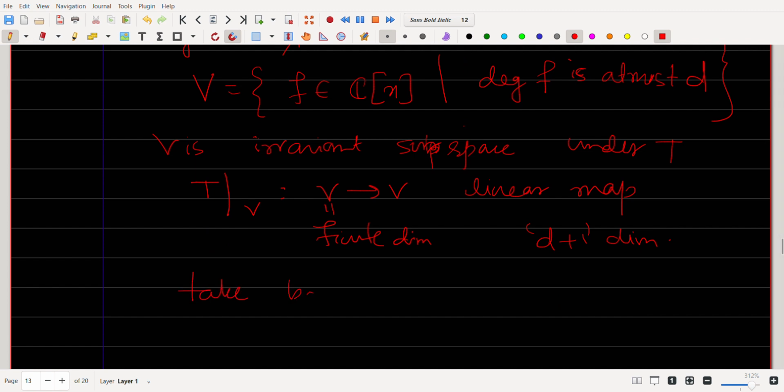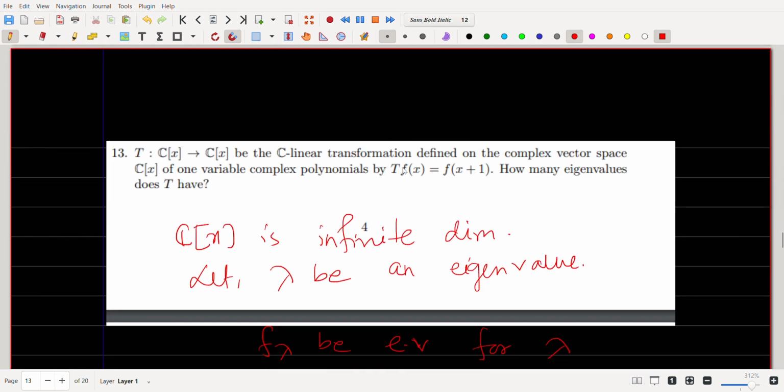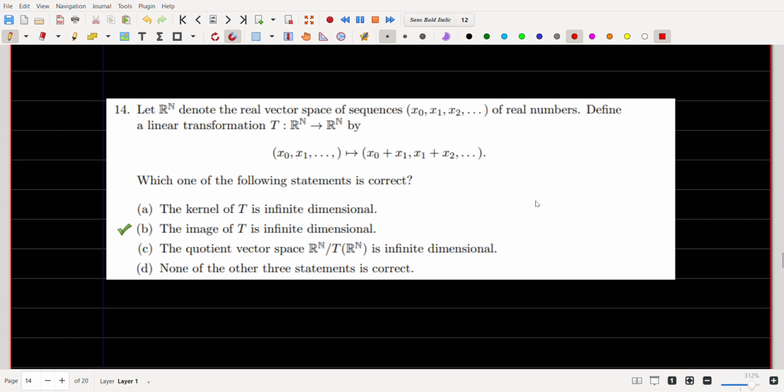You can take the basis 1, x, up to x to the d, and then write the matrix representation. You will see that the eigenvalue is 1 only. That will imply exactly one eigenvalue is possible. So this has exactly one eigenvalue. Okay, move to the next one.